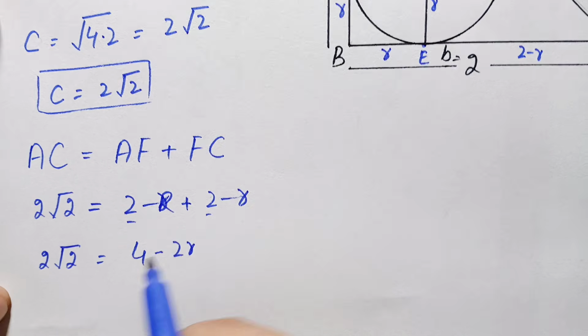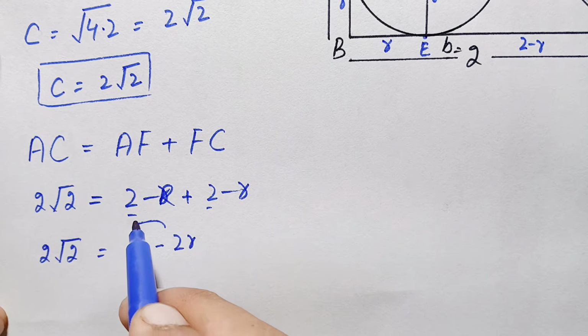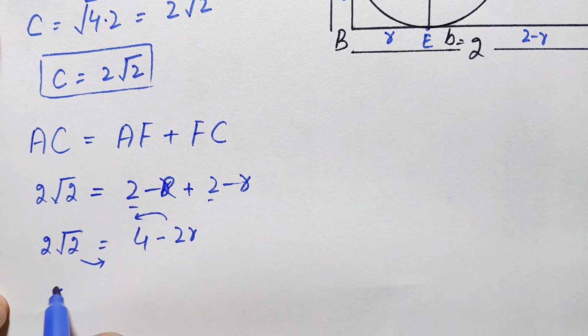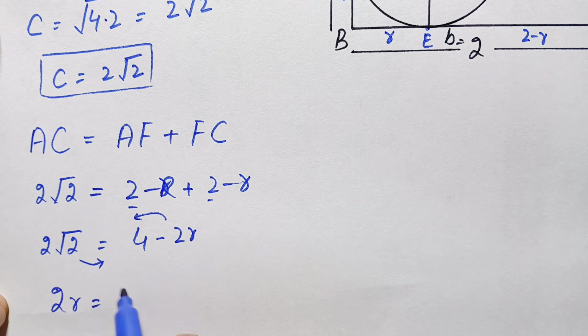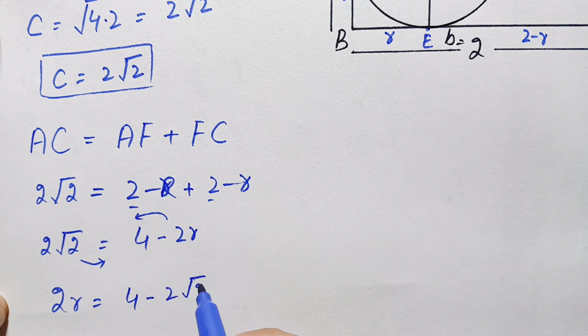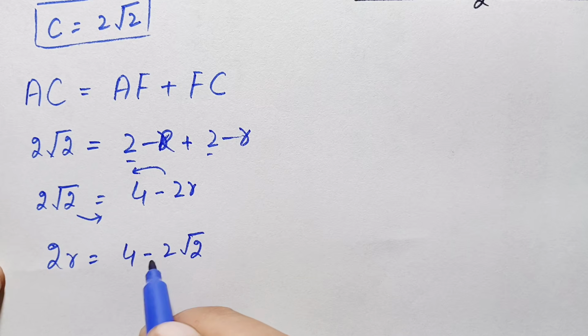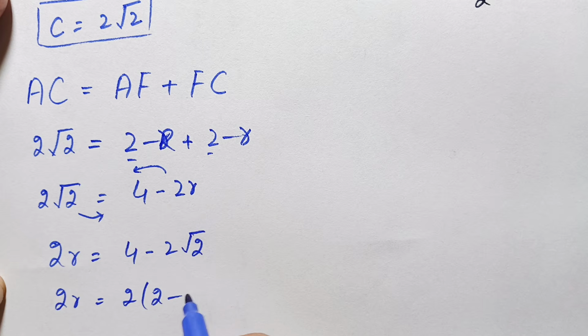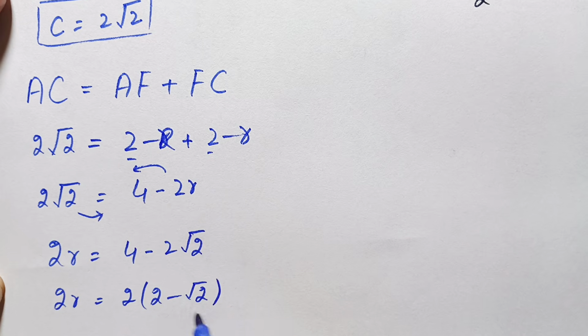negative 2R. Here we will take this to the left hand side and this to the right hand side, so this will become 2R is equal to 4 minus 2 times square root of 2. Here we will take 2 common, so 2R is equal to 2 times 2 minus square root of 2.